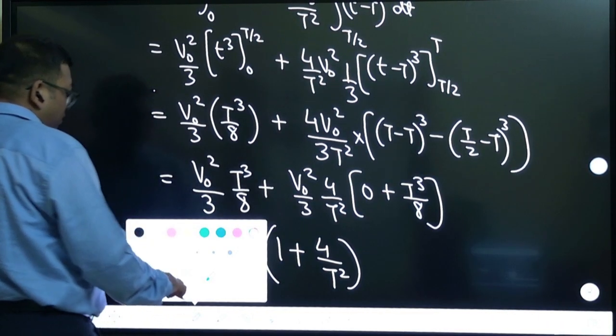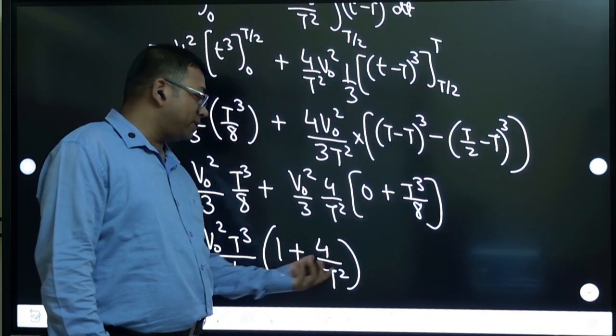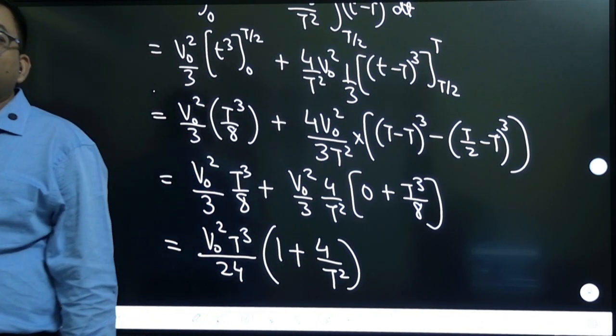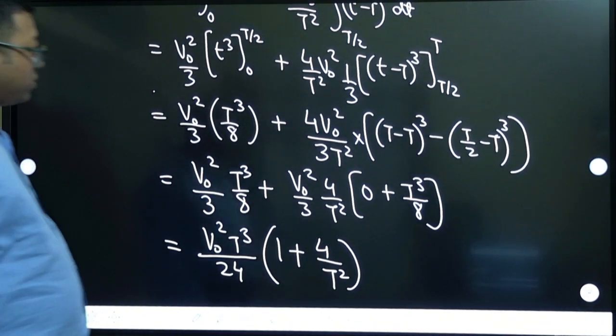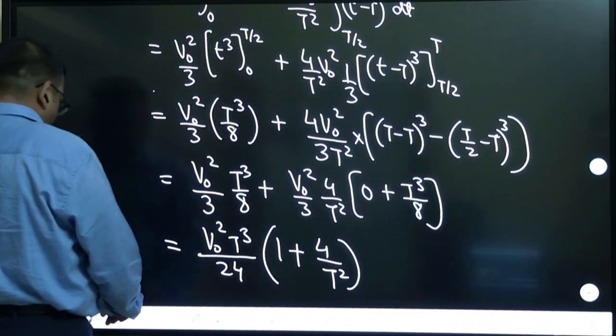But the thing is that I am thinking that somewhere something is not correct, because it should come also as a number. What do you think? You're also thinking like that, huh? It should give some number, right? Where is the mistake?